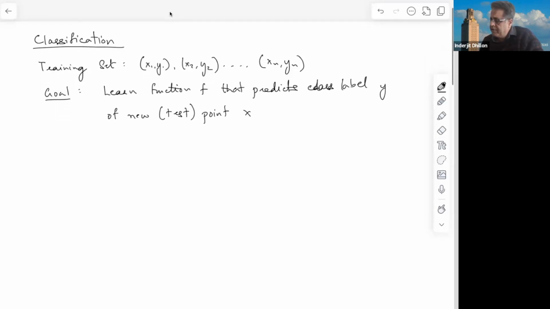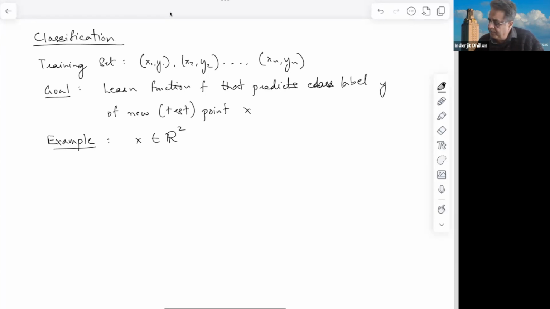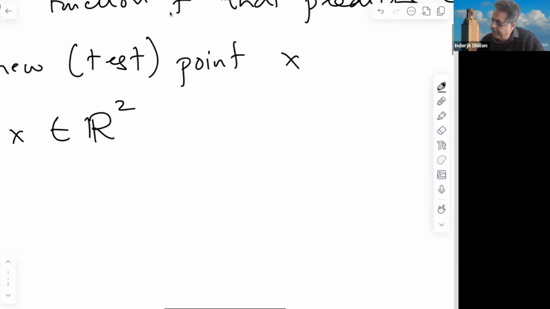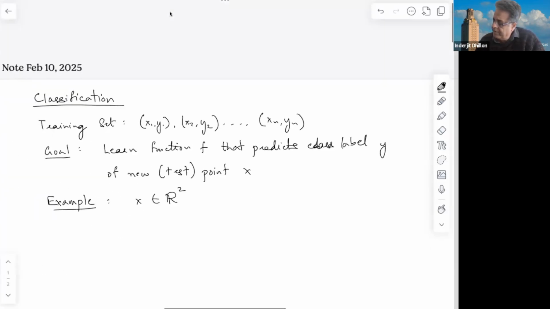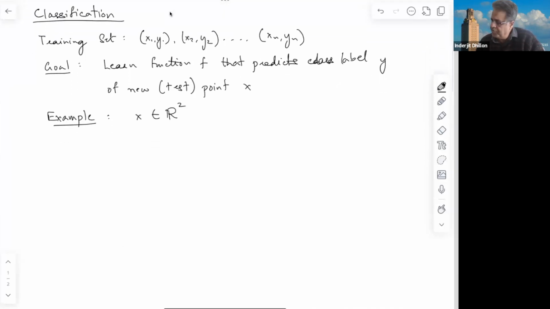Okay, so let's take a simple motivating example. Let's consider the case where x is just a two-dimensional vector. So just two features. And suppose the distribution of points is the following.